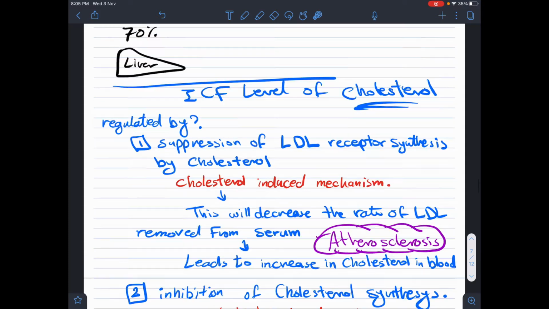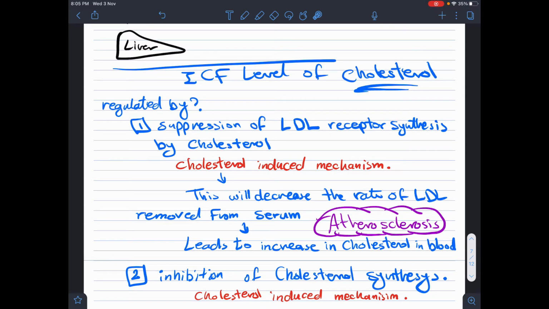So if the intracellular cholesterol level is high, how are we going to regulate that? By two mechanisms. First, the suppression of the LDL receptor synthesis by cholesterol. If we have high cholesterol levels, cholesterol is going to suppress the LDL receptors. This decreases the rate of LDL removal from the serum.